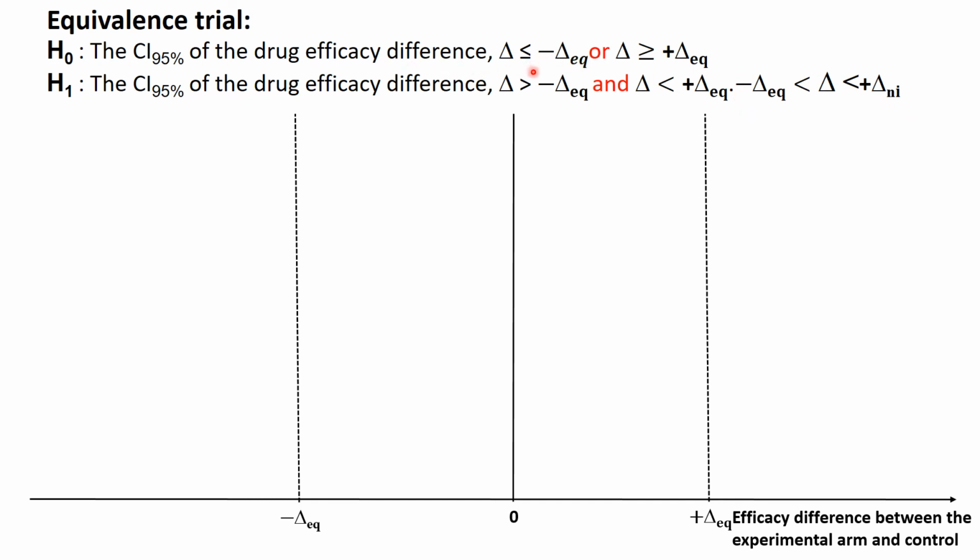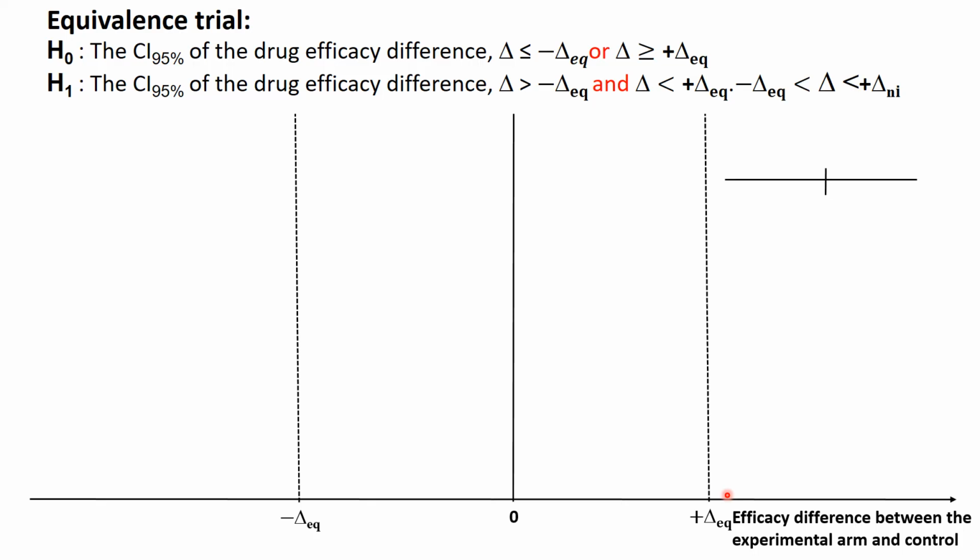In the null hypothesis, either the difference would be what? If we are saying it should be greater than this, then it means the difference should be less than or equal to the negative threshold. On the other way around, if we are saying it should be less than this, then the null hypothesis is the opposite: it should be greater than or equal to the upper equivalence threshold.